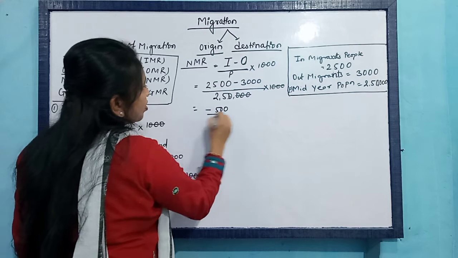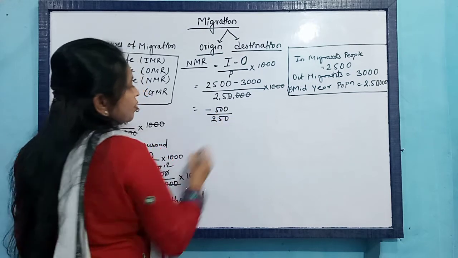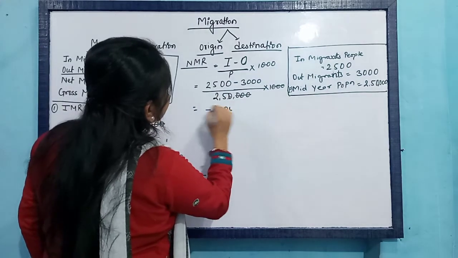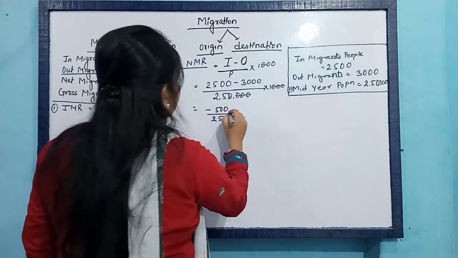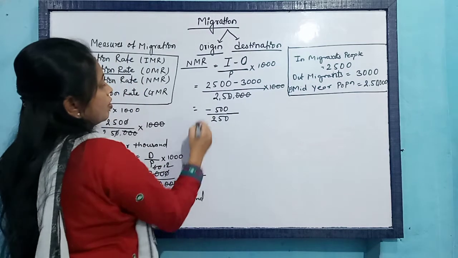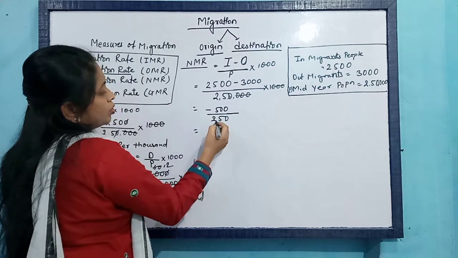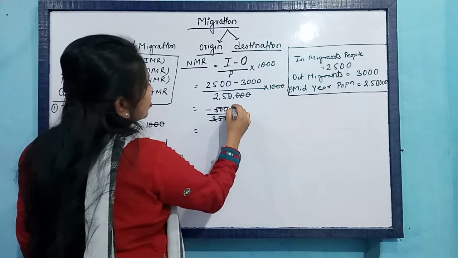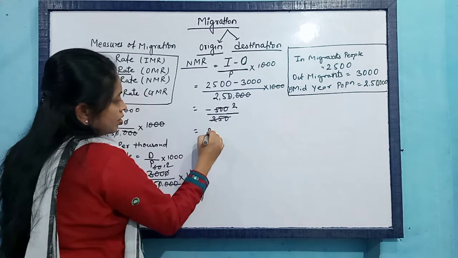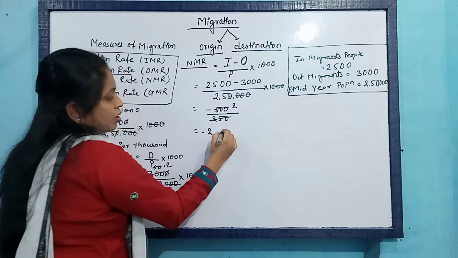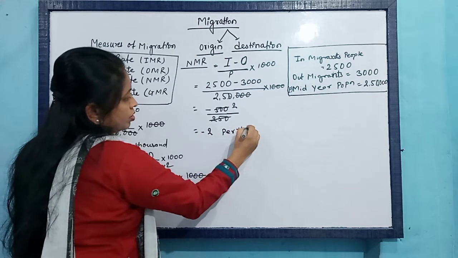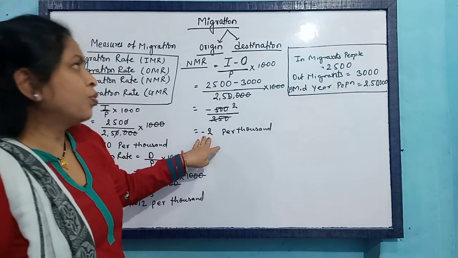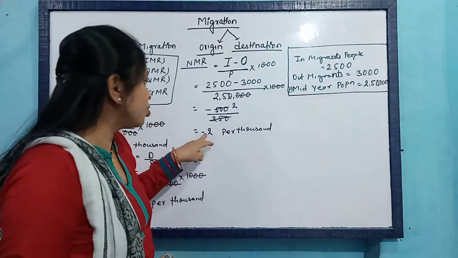Now this is removed: minus 500 by 250. Now we sum it. It means minus 2 per 1000. It means 2 people per 1000 minus 2.